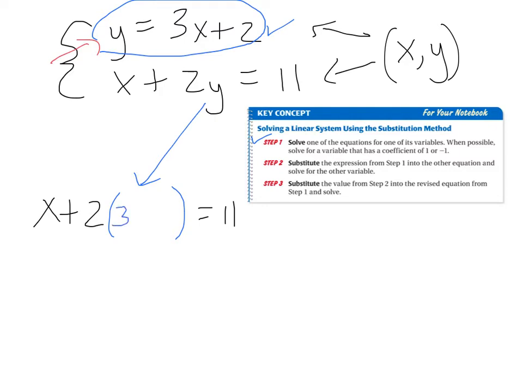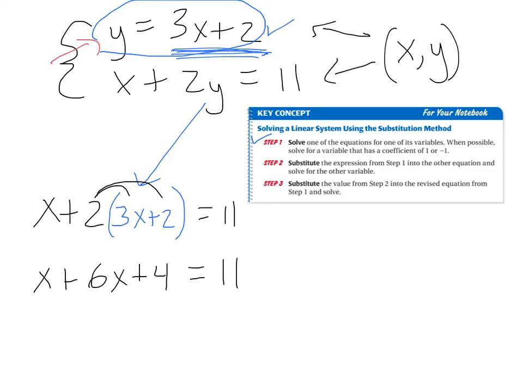So I've substituted it into the second equation, and now I'm going to solve for the only variable that exists now. 2 times 3x and 2 times 2. How about 6x's and how about 4 is the same as 11.